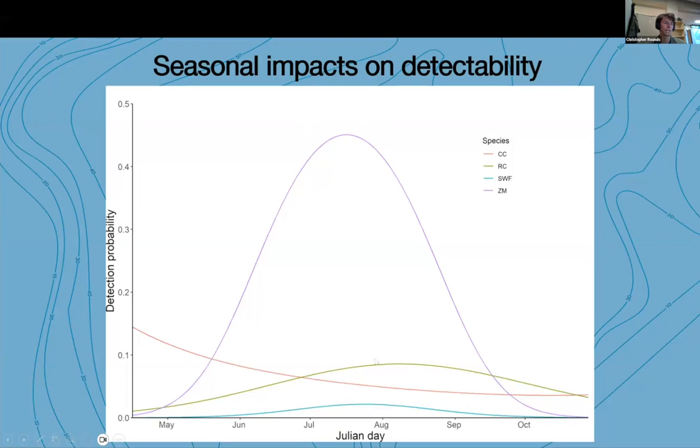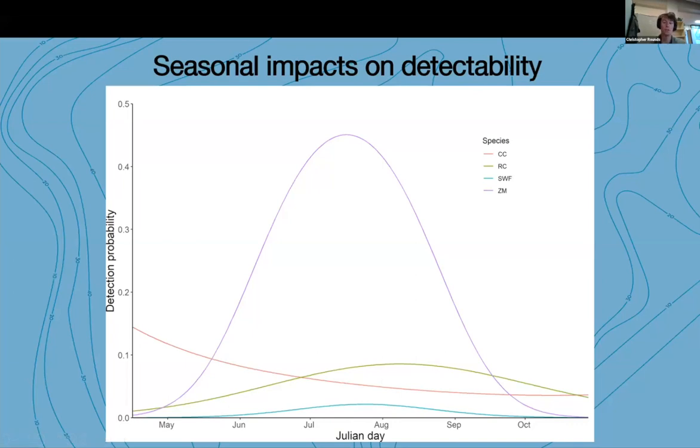And then right around August, they kind of peak for detectability and diminish after that. And then spiny water flea, as I mentioned, is our hardest species to detect. So they have really low detection probabilities out in the spring and the fall. And then kind of like we hypothesized, right around July and August, we get a little bit better detection probabilities.